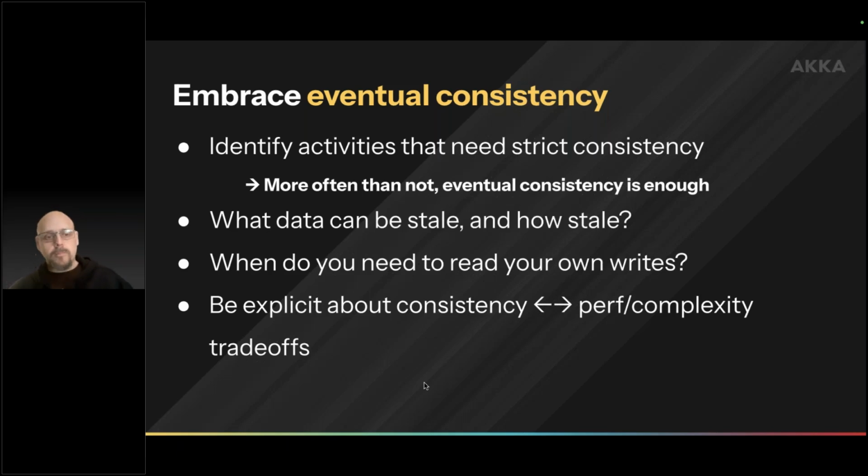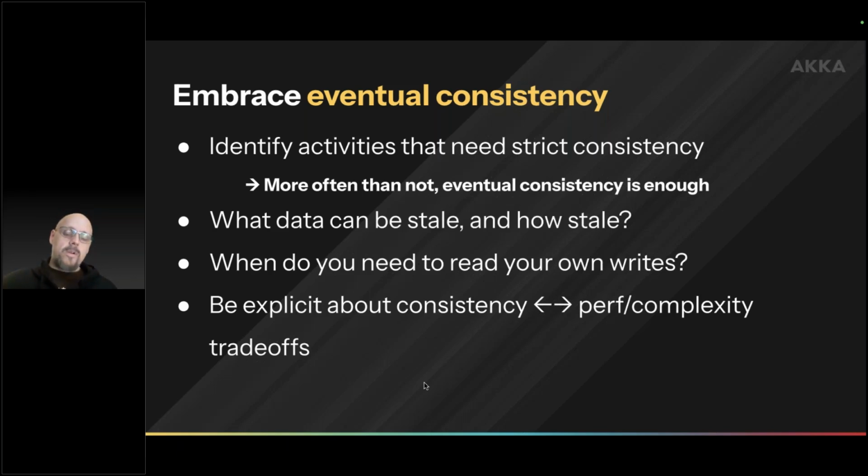And so we want to be able to identify which data can be slightly out of date, or eventually consistent, and which data can't. And in many cases, we find that eventual consistency is just fine, and we don't need strict consistency.